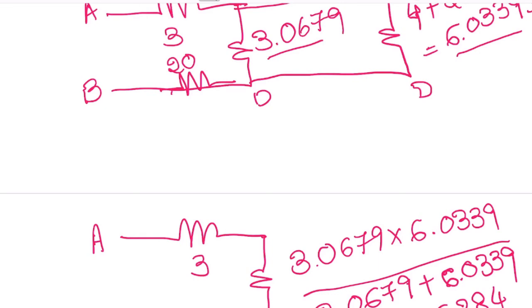If you take these three, if you assume a current, the same current passes through all the branches.